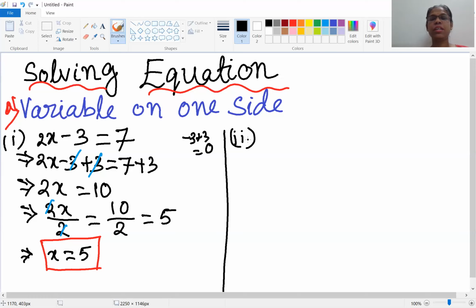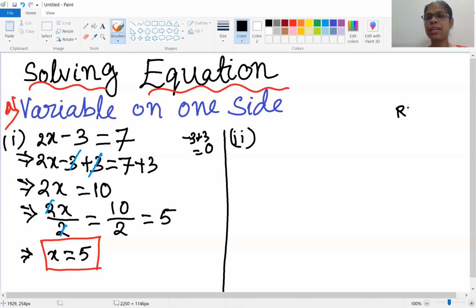This is called transposing of the numbers, the transposing method. So how do we transpose a number? When a number moves from the left hand side to the right hand side, or the right hand side to the left hand side, the value changes. First I am going to explain how the value changes, then proceed further to solve the problem.